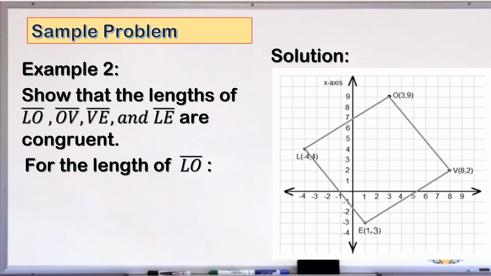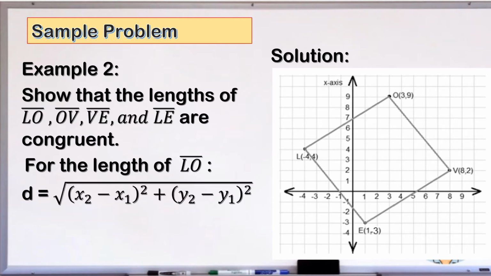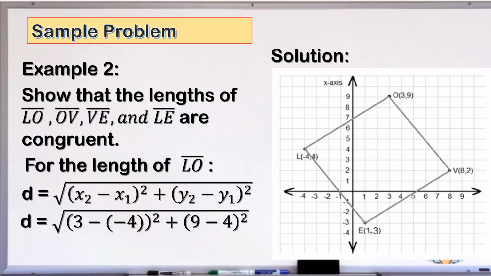For the length of segment LO, using the distance formula, let x sub 1 equals negative 4, y sub 1 equals 4, x sub 2 equals 3, and y sub 2 equals 9. So by substitution, we have the square root of the quantity of 3 minus negative 4 squared plus the quantity of 9 minus 4 squared, which is also equal to the square root of 7 squared plus 5 squared.